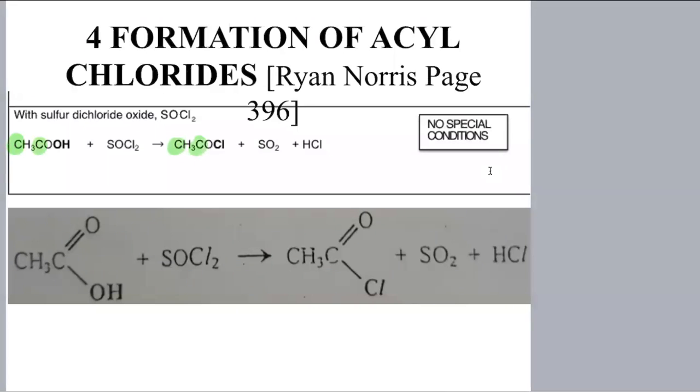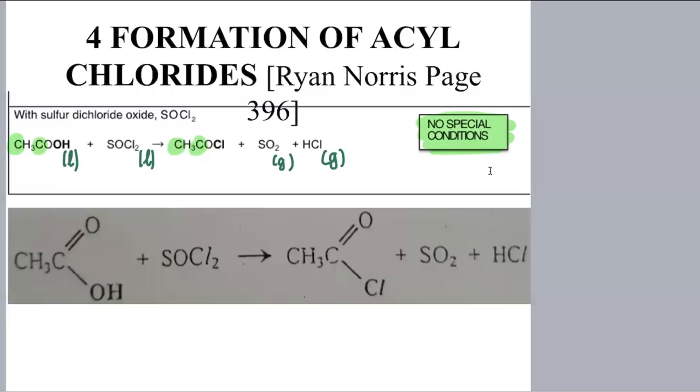You will get sulfur dioxide gas and hydrogen chloride gas as well. SOCl2 is liquid at room temperature, and the carboxylic acid is liquid at room temperature. So for SOCl2, no special conditions needed. That means you don't need to heat it up. It can happen at room temperature.